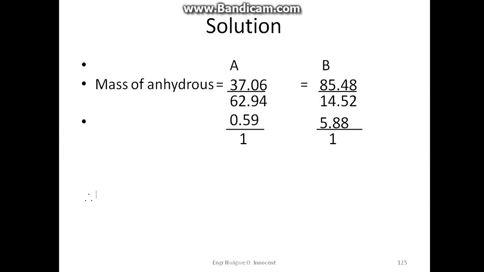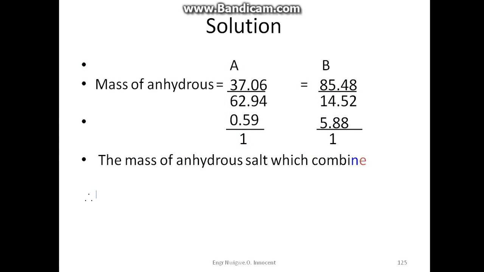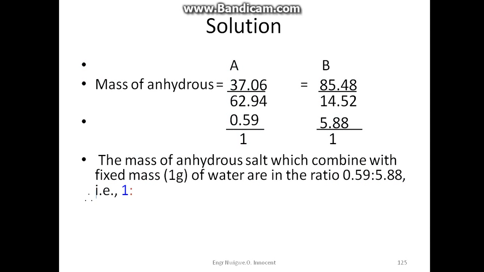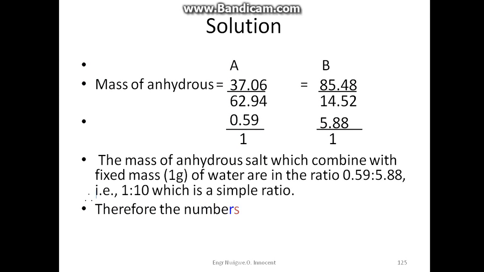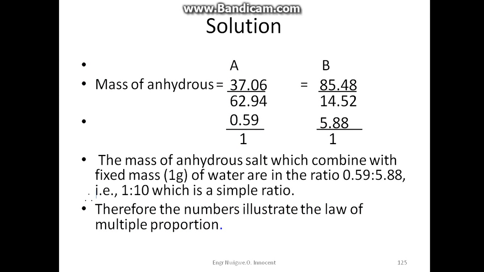The masses of anhydrous salt which combined with a fixed mass of 1 gram of water are obtained in the ratio of 0.59 is to 5.88. That is 1 is to 10, which is a simple ratio. Therefore, the number illustrates the law of multiple proportions.